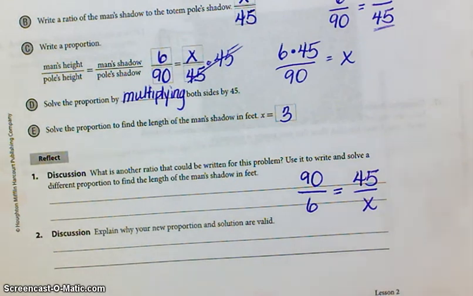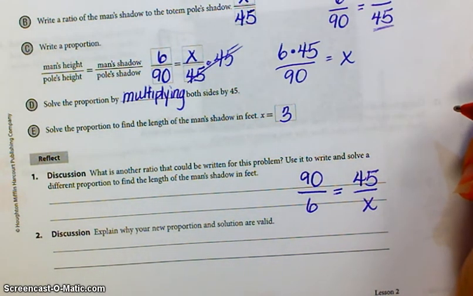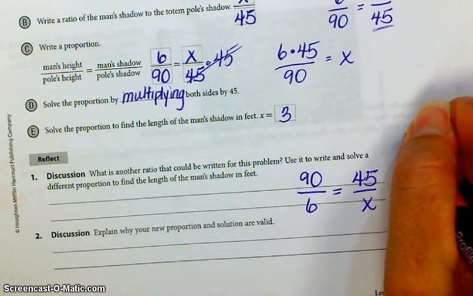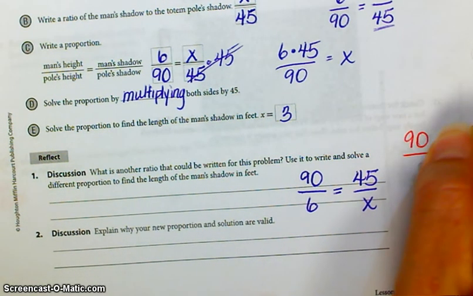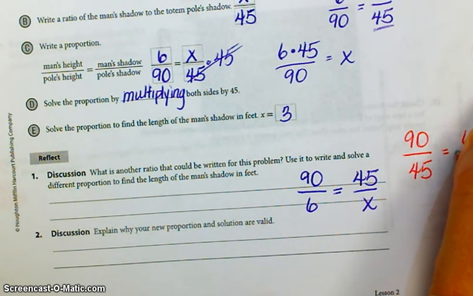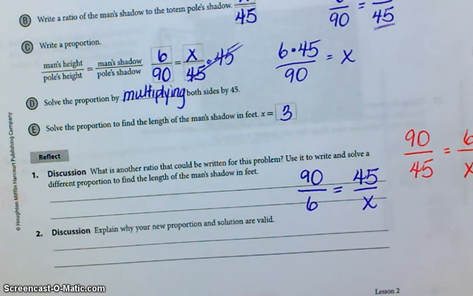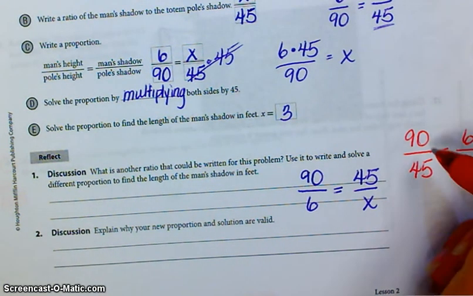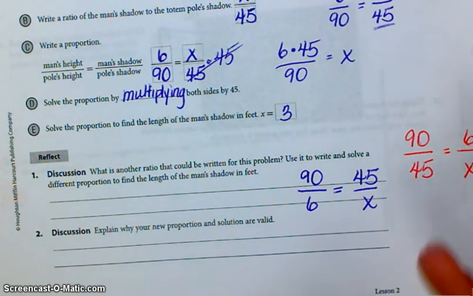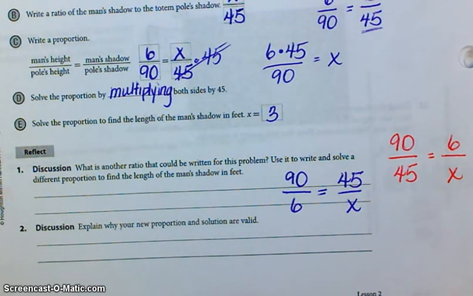Also, as long as you make sure you don't mix and match, you could do height of the big item over its shadow equals height of the little item over its shadow. Okay? It's just you need to make sure that you don't wind up with anything catty corner or whatever. Okay? So like over like, and set the proportion up accordingly.